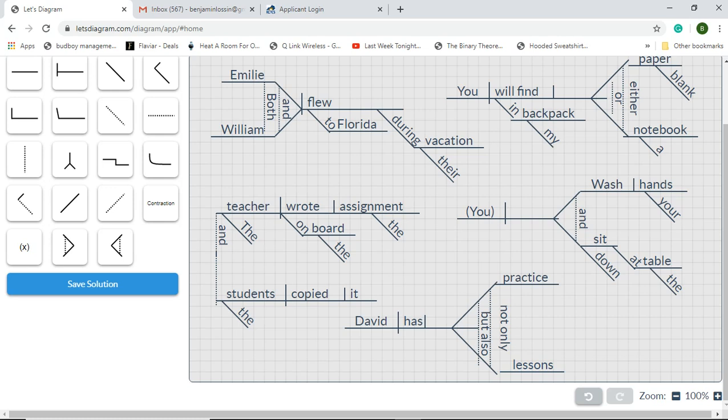Okay. Okay, I need more space. Oh, Lord. Oh, it's just a little cramped. I think I can do it, though.